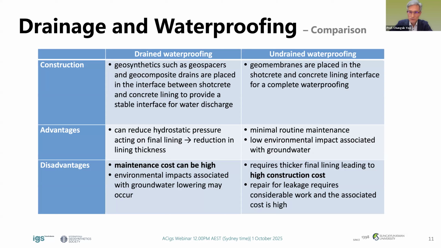The undrained waterproofing, on the other hand, has advantages of low environmental impact associated with groundwater, but at the expense of thicker tunnel lining, which leads to higher construction cost. So again, the choice between the two methods must consider not only technical and economic factors, but also environmental constraints and project-specific conditions. Okay.